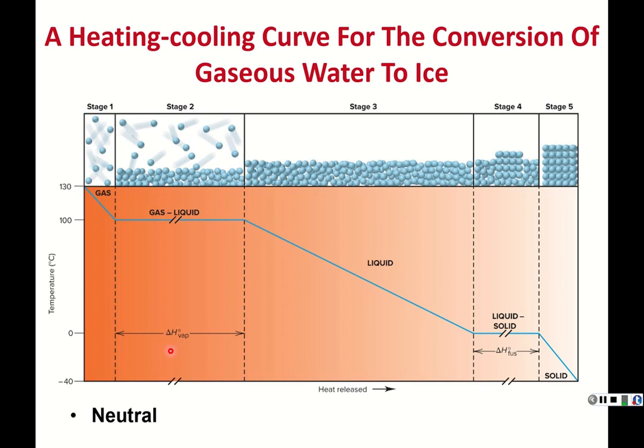Right, and that would be the delta H of vaporization. Okay, as you cool further in the liquid phase, you go from 100 degrees to 0. So you've released this much heat to drop this much in temperature. Okay, and then you reach that liquid to solid phase change, again at constant temperature, and then in the solid you can continue to cool down.